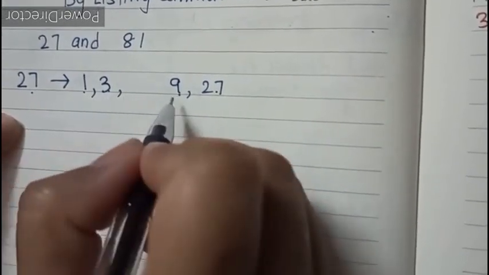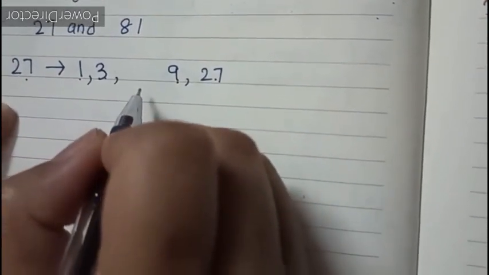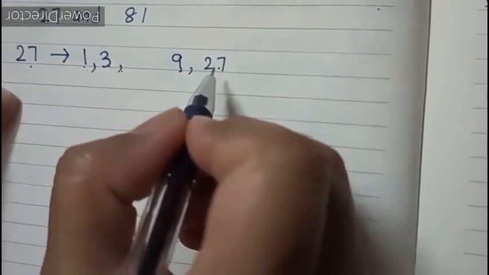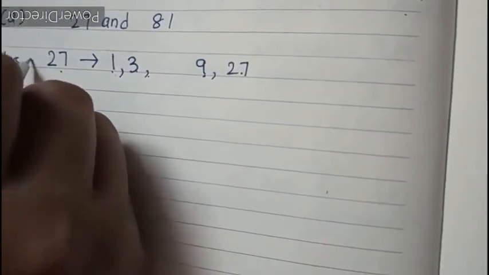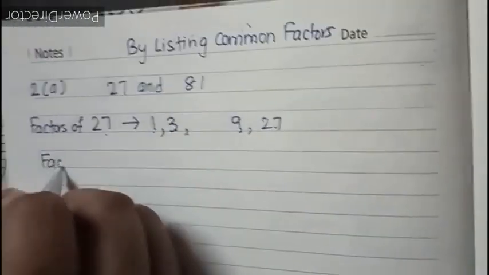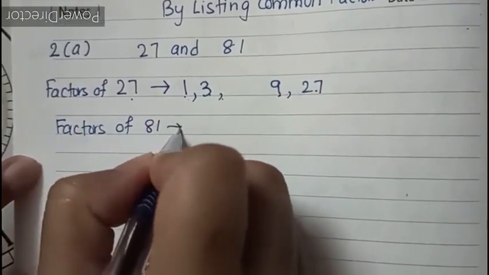Once we get the repetition of the factors, we have to stop. So 1, 3, 9 and 27 are the factors of 27.